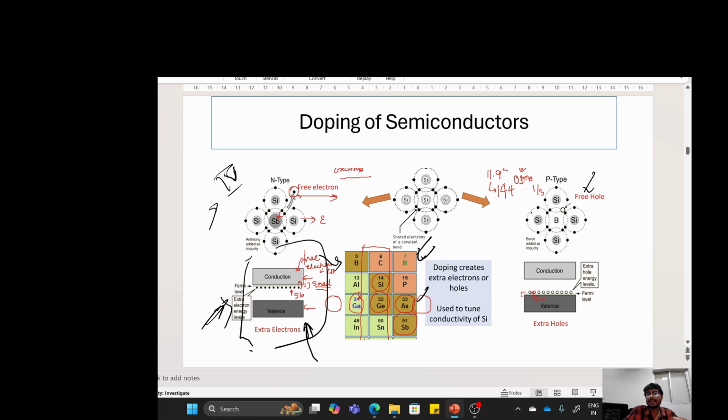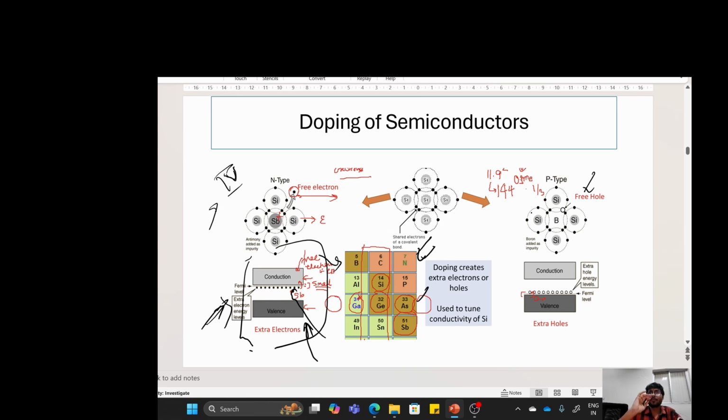In a pure semiconductor there are no defects, in the sense that there are no states in between the conduction band and the valence band. But if we dope the semiconductor, then states will be created at this point.